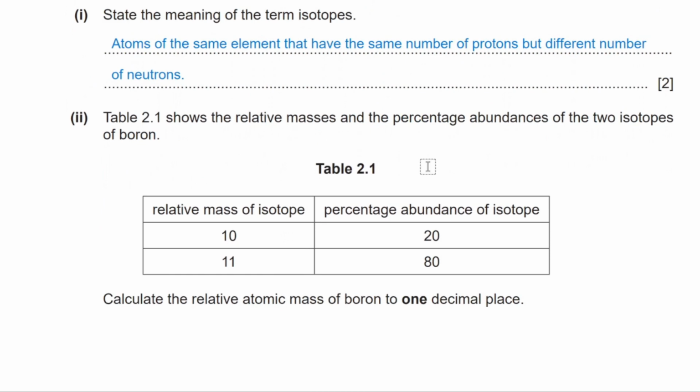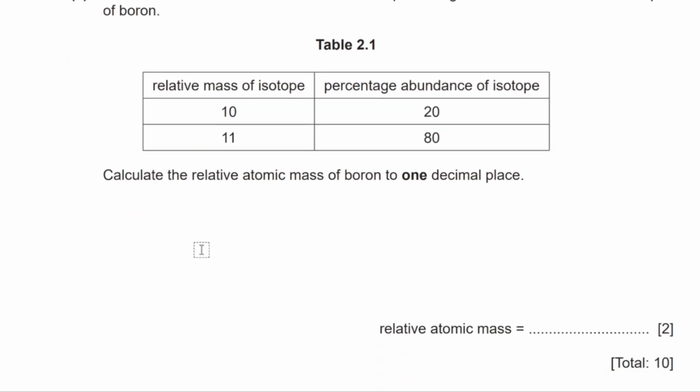Table 2.1 shows the relative masses and the percentage abundances of the 2 isotopes of boron. Calculate the relative atomic mass of boron to 1 decimal place. Alright, so we have the calculations part here. That would be our A. We would basically multiply the relative mass with the percentage abundance, add those both and divide that by 100, and we'll get our answer.